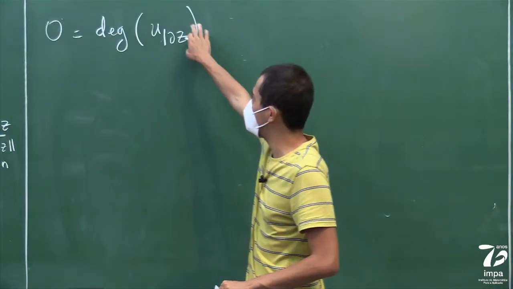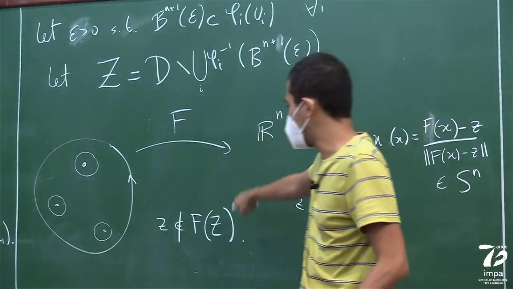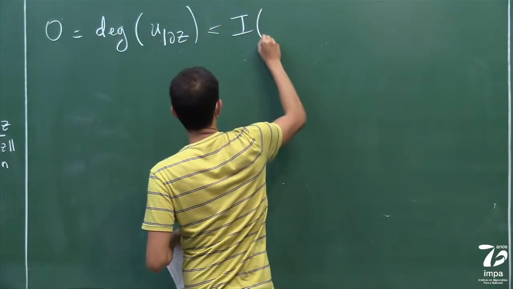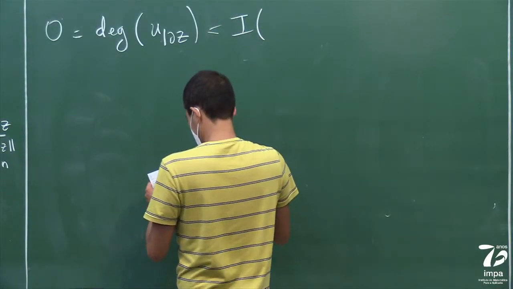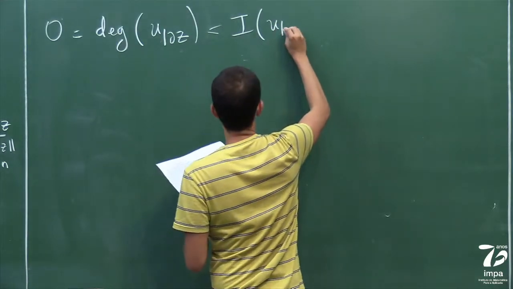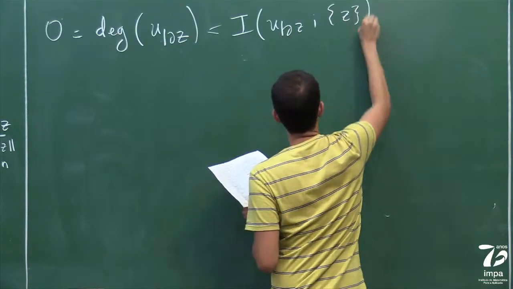And this is because this map U restricted to the boundary of Z can be extended to a map on all of capital Z. Okay, so this is the intersection number of U restricted to the boundary of Z with the point little z.